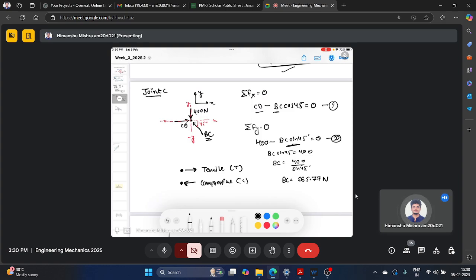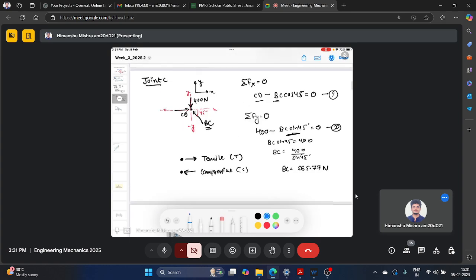So you can see here, let me make the diagram. This is our joint, and this is BC, and you can make a right triangle here. So this is our 45. Yeah, got it. Thank you.